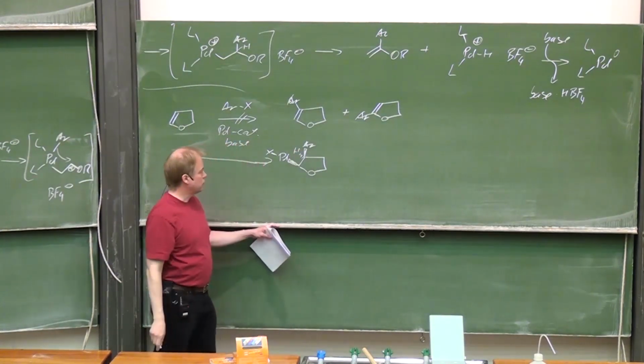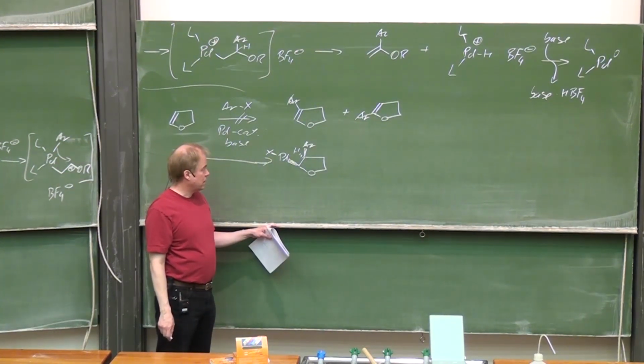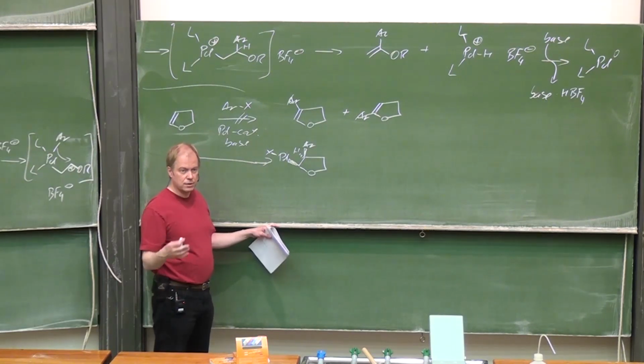But the only hydrogen in close proximity is, of course, this one, and it's trans. And therefore, the beta hydride elimination can't take place.